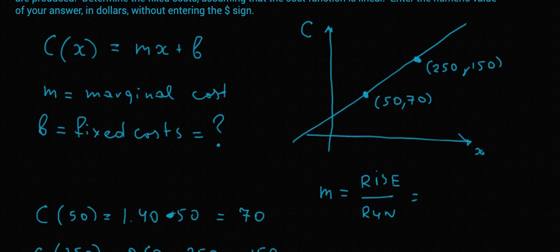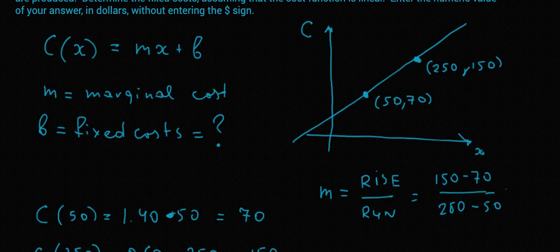The rise is 150 minus 70, a rise of $80. When we increase the production level from 50 tacos to 250 tacos, there is an increase in cost of $80. 150 minus 70, that's our rise. And the run is 250 minus 50, a run of 200.